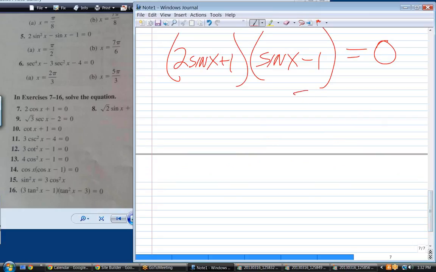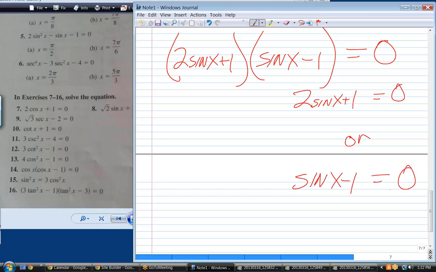Yes. So either 2 sine x plus 1 is equal to 0, or sine x minus 1 is equal to 0. They both might be true, only one of them might be true, but at least one of them has to be true. Because you can't multiply 2 numbers and get 0 unless one of them is 0.